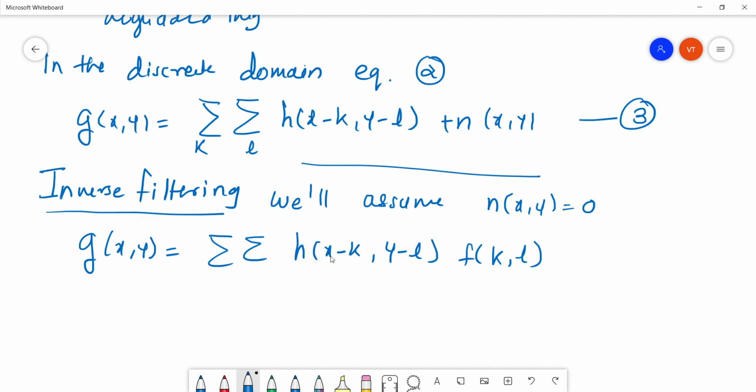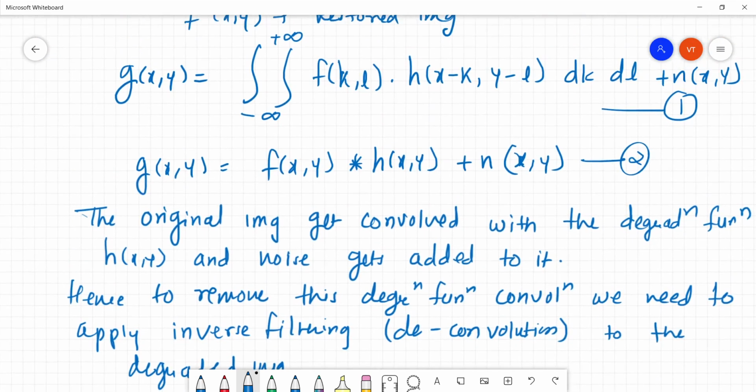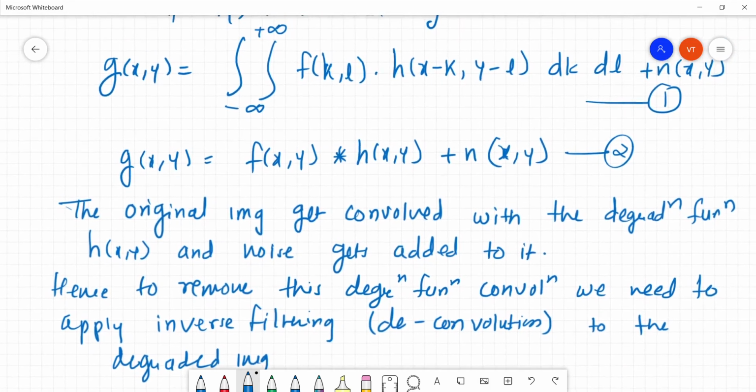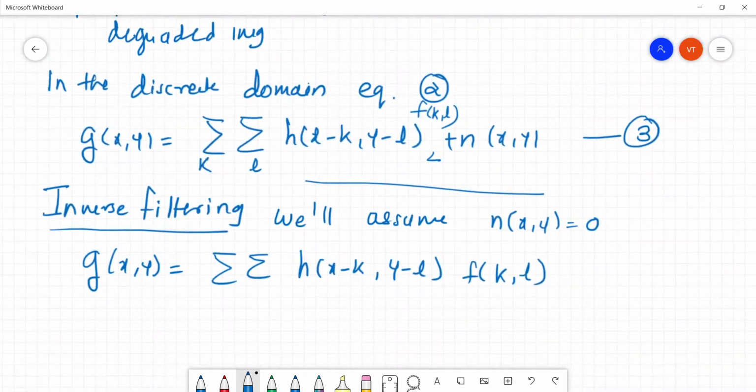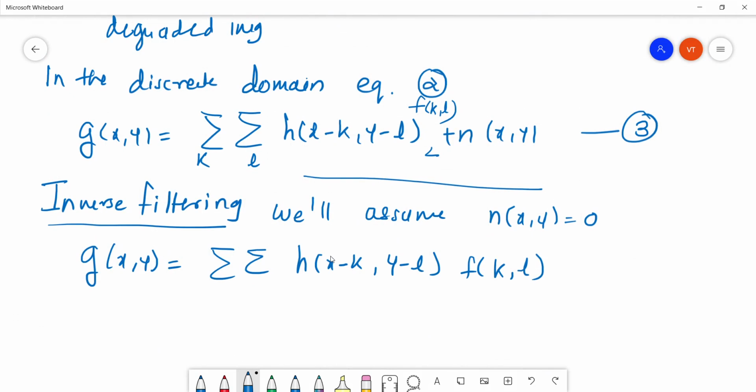I have made a mistake here. Here it should be into f of k comma l. Don't forget, here I have written properly, but here I had missed this. So the noise term we are making 0, we will get this, and we'll name this as equation 4.